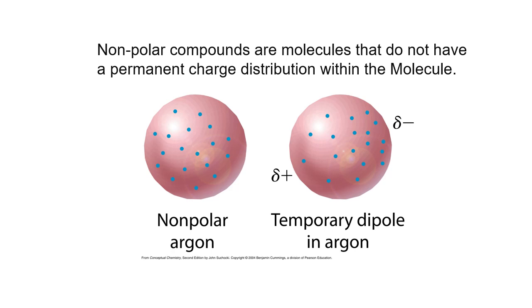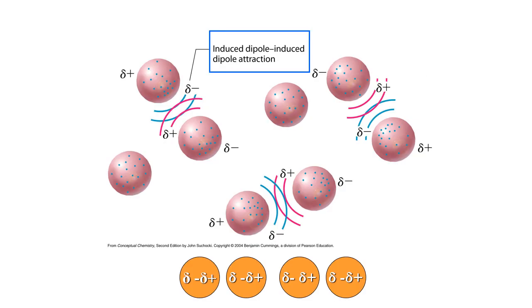It started with a molecule that doesn't have a permanent charge distribution, like argon here. Then an induced temporary dipole is produced so that a London dispersion force can be shown there. This is when there are more molecules, making more London dispersion forces between molecules.